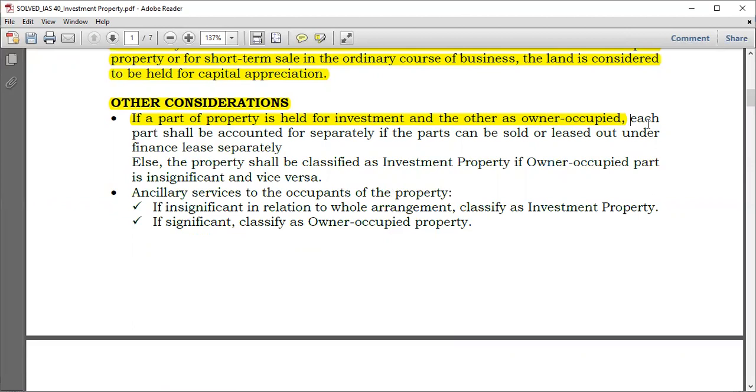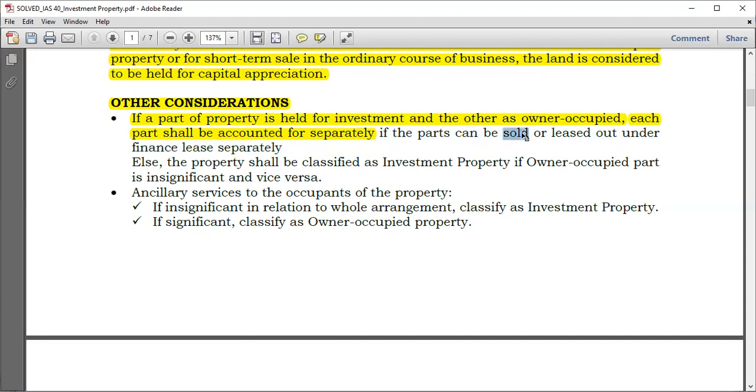Now we say each part shall be accounted for separately, but under certain conditions. If the parts can be sold or leased out under finance lease separately. Did you get this point? Again, I'm repeating, if the parts can be sold or leased out under finance lease separately. By saying sold or leased out, I will just mean one thing.